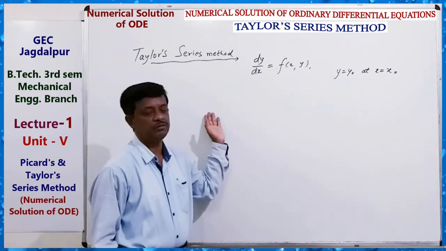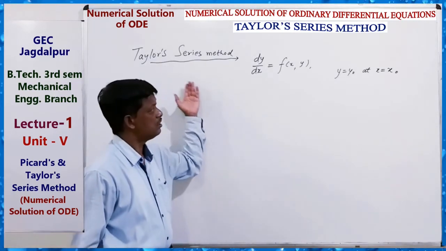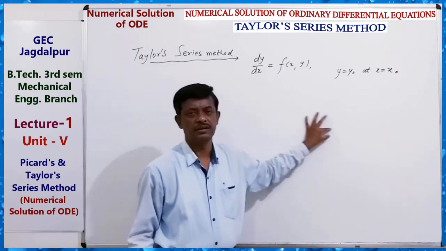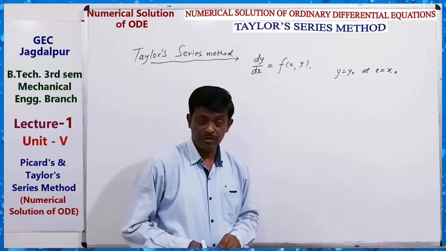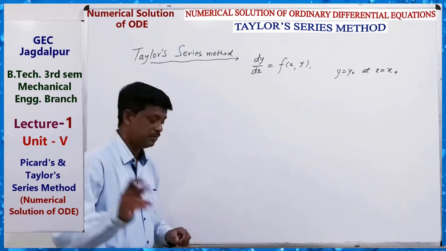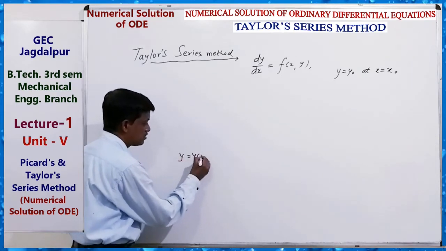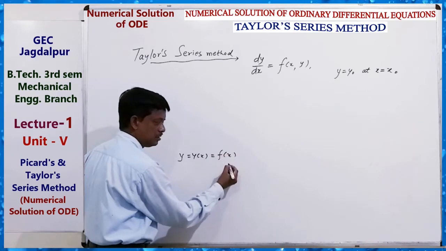Here also, at different stages in this method, we find the value of y as a Taylor series. We know the Taylor series formula, just remember: if y is a function of x, we can write it like this.